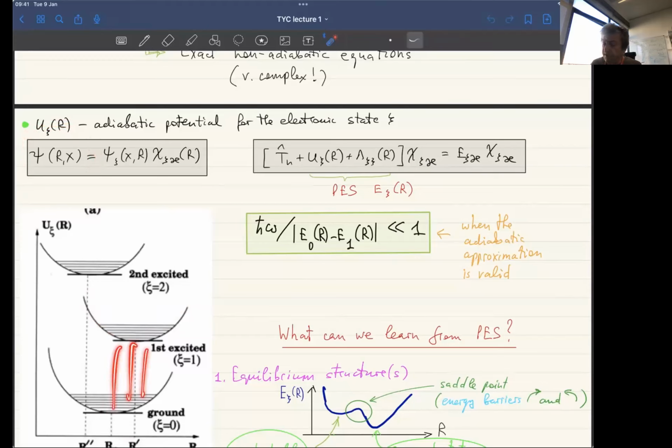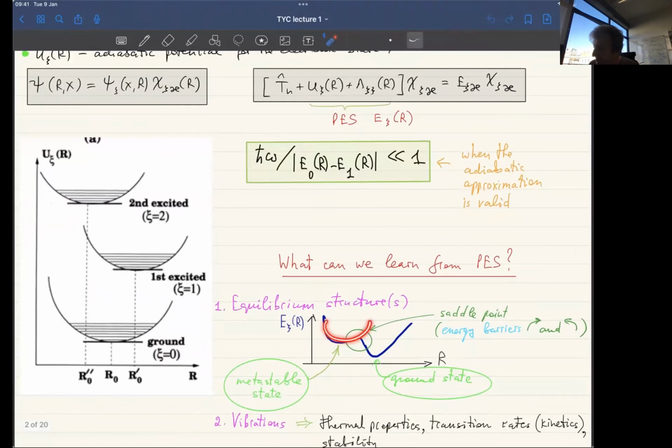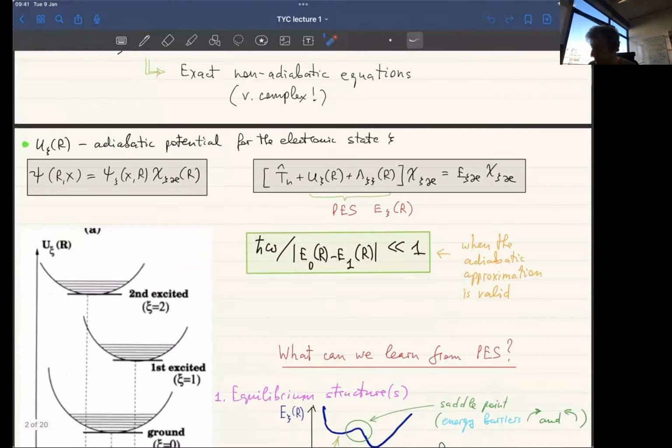If, however, you have these parabolas intersecting, like in this picture, in that region the approximation would fail, and you will need to include more terms. For example, you will have to include the term associated with this parabola and with this parabola in this linear combination, and this would correspond to non-adiabatic approximation.